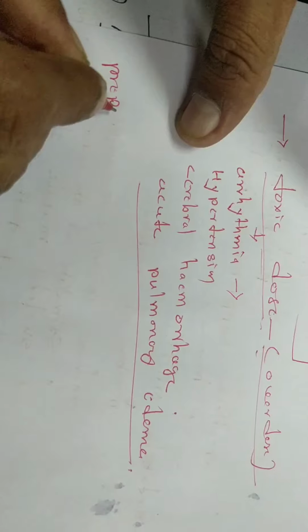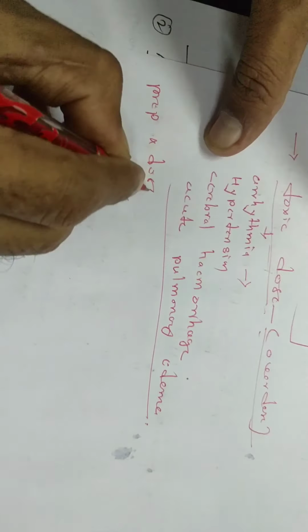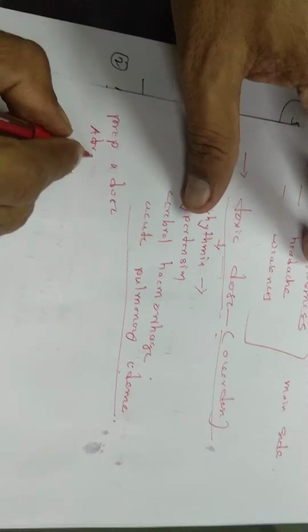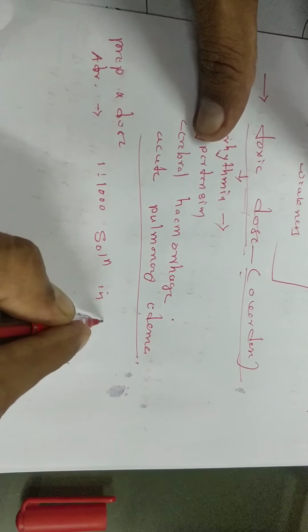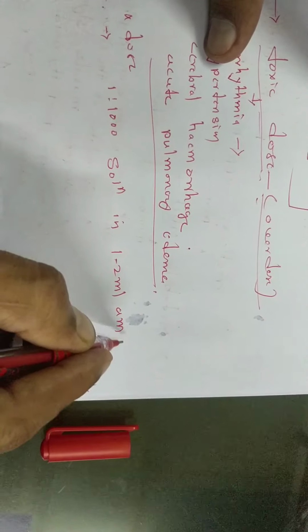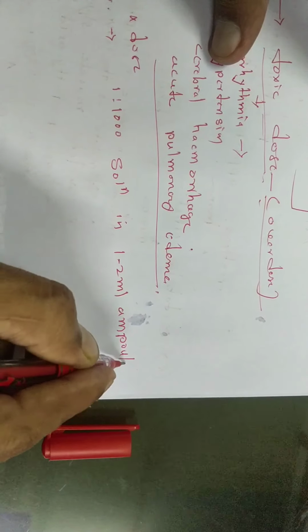Okay. Now the next, preparation and the dose. Adrenaline is available as a 1:2000 solution in 1 to 2 ml ampules.